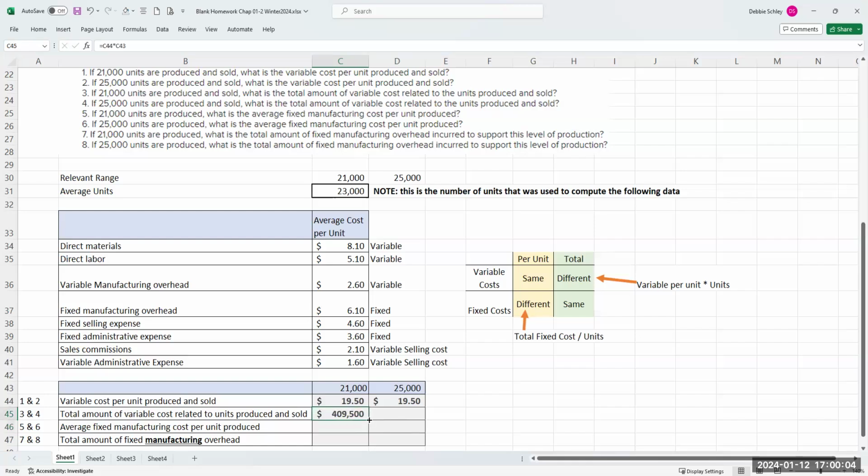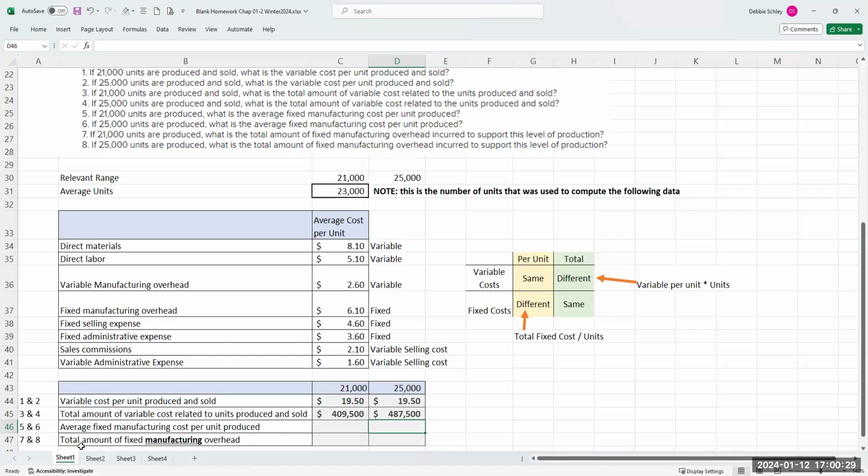Since I'm in Excel, I can drag that over and it's going to be the variable per unit times the 25,000 units produced and sold for required 4. So see, my totals are different, but my per unit are the same for variable cost.